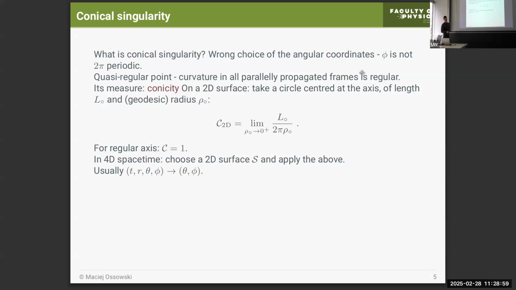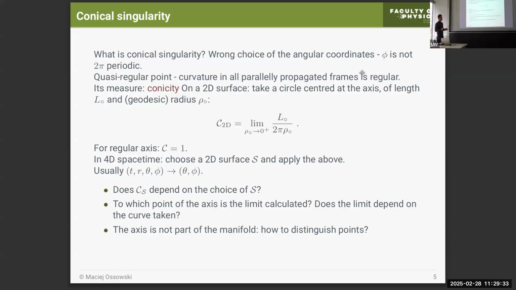Usually when we are interested in conicity, we are also talking about some spherical black hole solution. Then what usually happens is that you write the metric in some kind of spherical coordinates, you neglect the non-angular part, and you work with a pullback of the metric on the surface parameterized by only angles. And then you apply this procedure above.